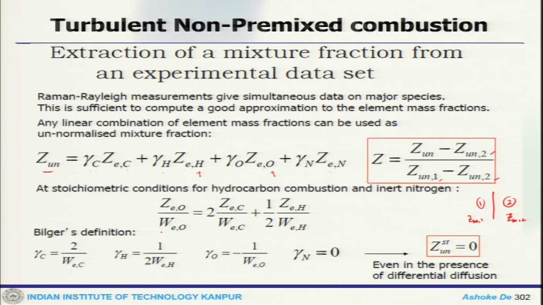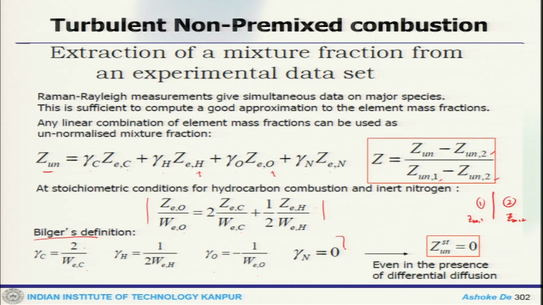So, it would be Z_EO by W_EO equals 2 Z_EC by W_EC plus 1/2 Z_EH by W_H, and the proposition that Bilger proposed there for these coefficients. So, gamma_C is 2 by W_EC, gamma_H is, as per Bilger's definition, there is a nice article on this, how you can find out this mixture fraction or elemental mixture fraction like this. Gamma_O would be minus 1 by W_EO, gamma_N 0.